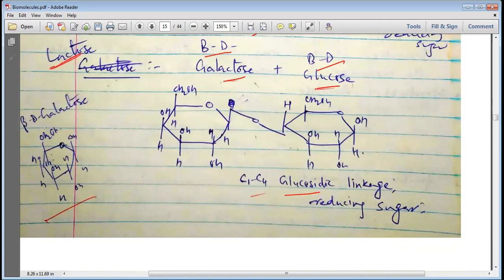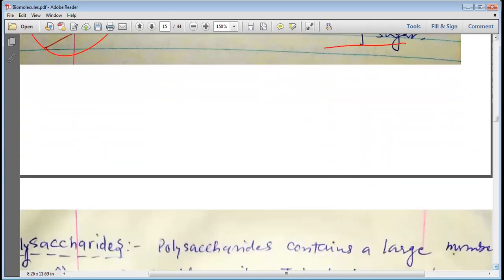This is the structure for our beta D galactose, where the OH group is present on the upper side, and in the same way there is an inversion of the glucose, where the OH group which was present on the glucose is utilized to make the C1C4 glycosidic linkage, and this is how the lactose has been formed. Lactose has a C1C4 glycosidic linkage and is a reducing sugar in nature.